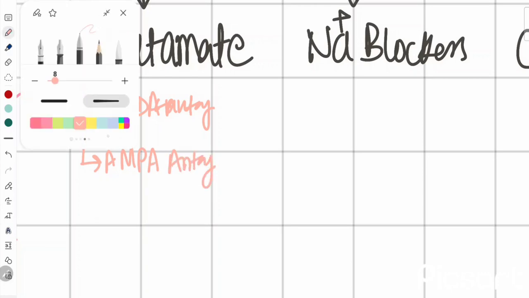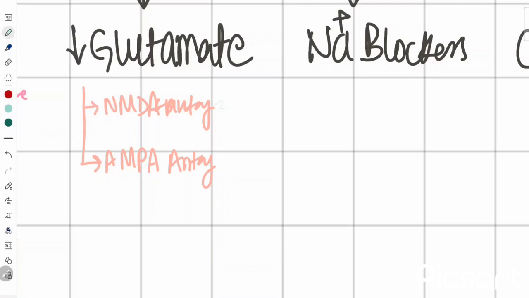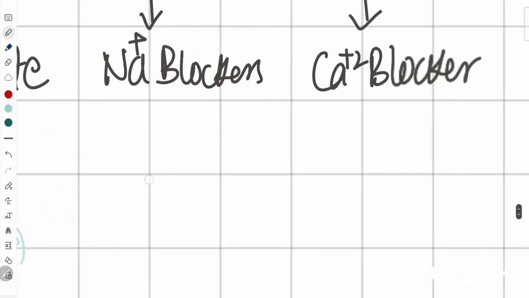The example for NMDA is felbamate, and the AMPA antagonist is perampanel. Perampanel is used for focal seizures. I'm also going to talk about that in a bit.